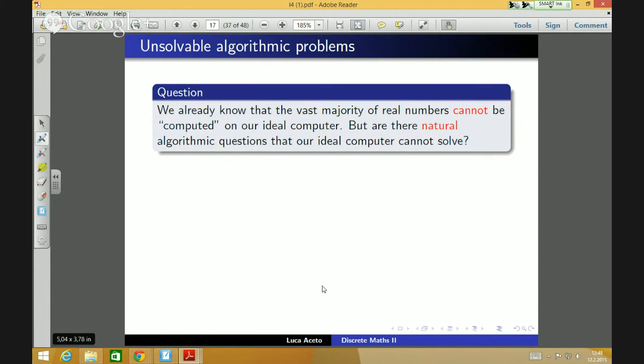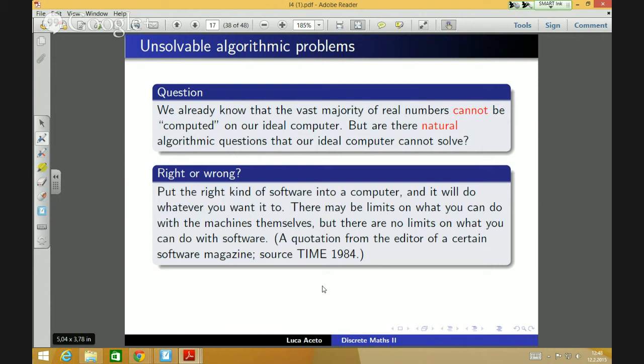Are there natural algorithmic questions, whatever natural may mean, that our ideal computer cannot solve? And of course, you know that's a rhetorical question. The answer is yes. In fact, the answer is such a resounding yes that one can even argue that most of the natural algorithmic questions are unsolvable by means of our ideal computer, regardless of iPods, iPhones, and whatever else you may think about right now.